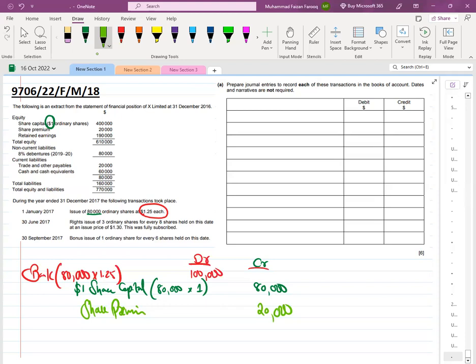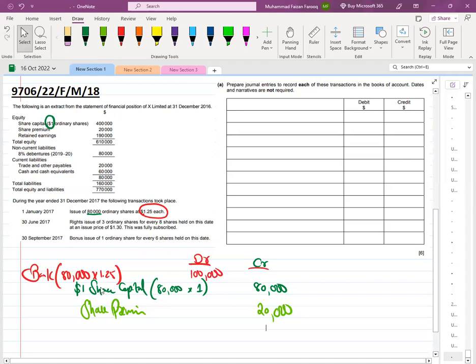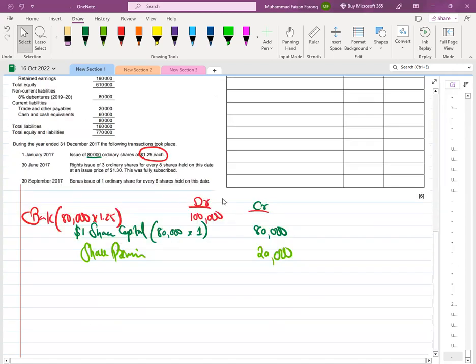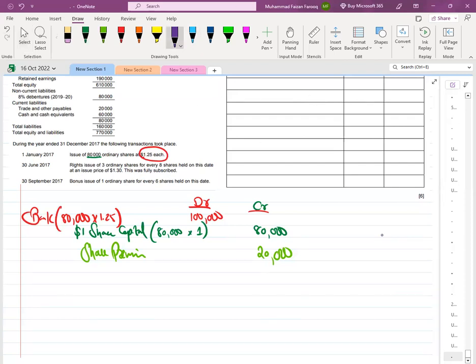Next one is 30th June 2017. Right issue. Right issue means the company issued right shares. We know that a right issue is a normal issuance of shares, and the accounting entry is similar, but a bit different. What is the difference? Be very careful.